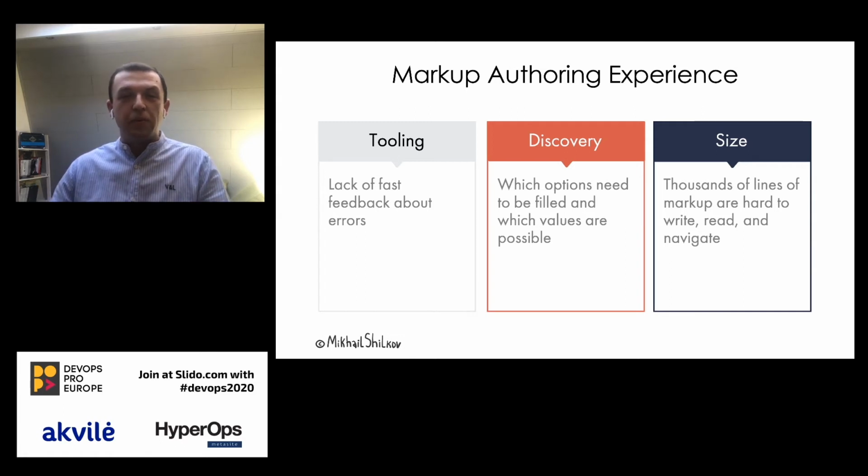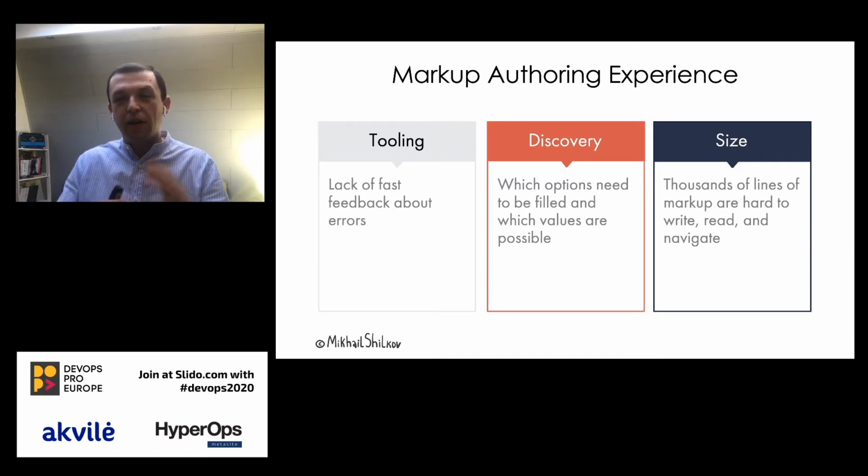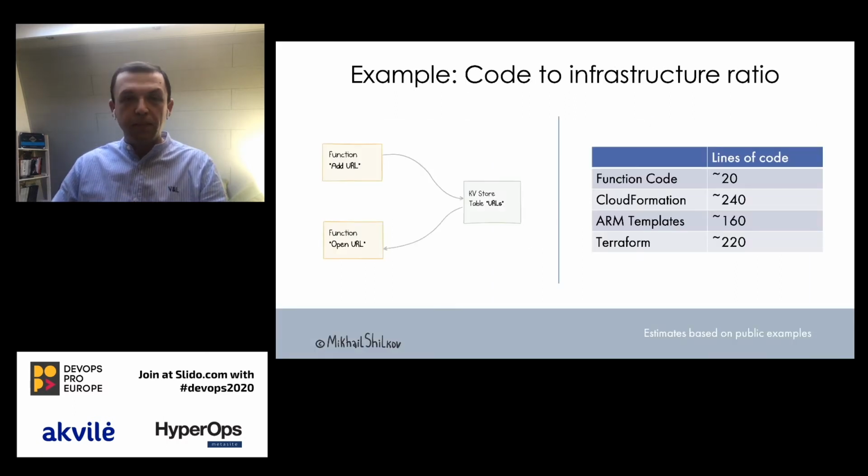And one particular problem is, of course, the size, because you still describe it on the lowest level possible. The size of those templates, as I alluded to earlier, is still quite high. It can easily be hundreds and thousands of lines of markup, which are quite hard to read and support over time.